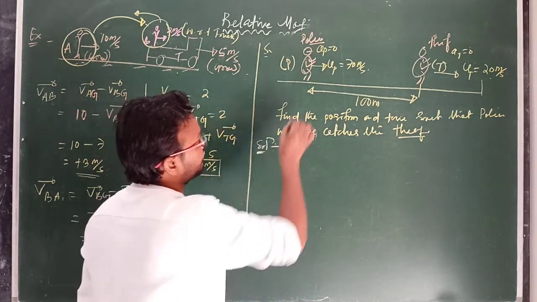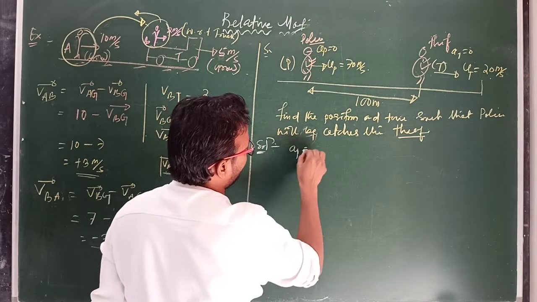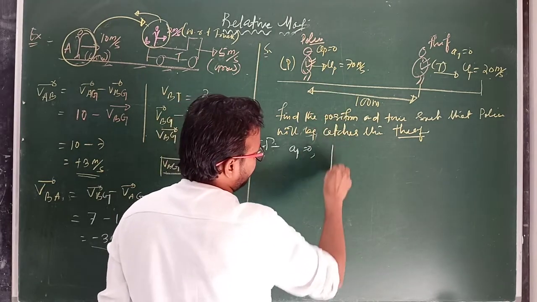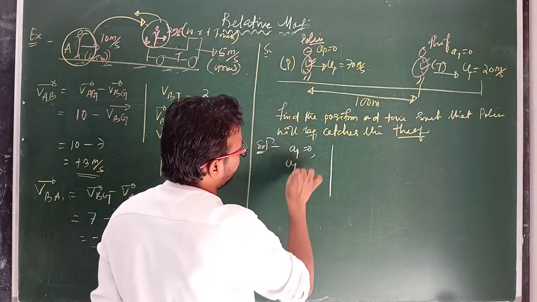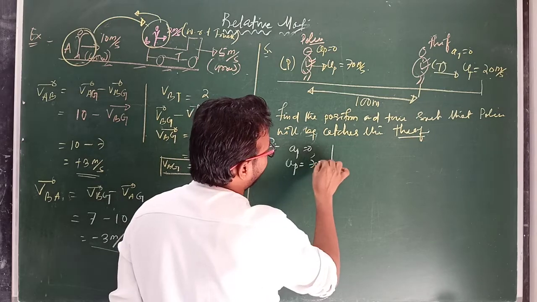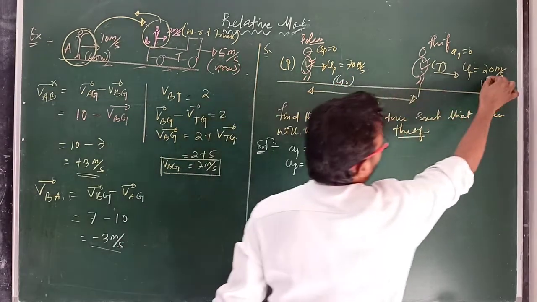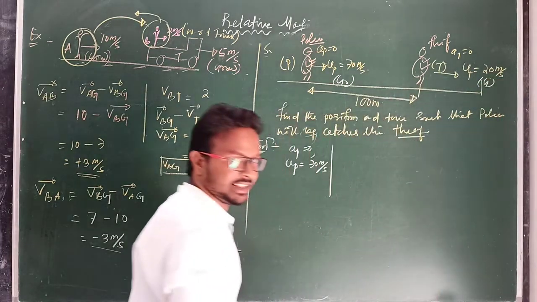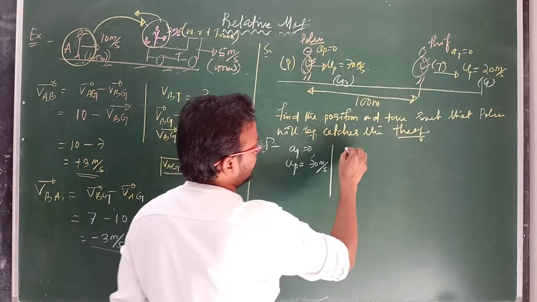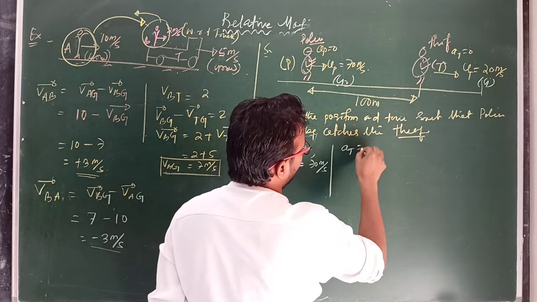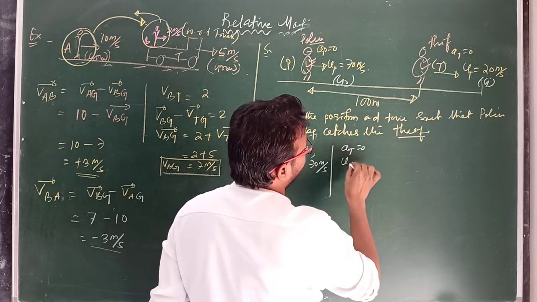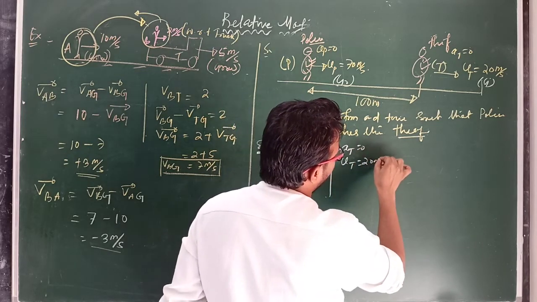So in this case acceleration of police is equal to 0. This is for police speed, and the initial velocity of police is 70 meter per second, with respect to ground frame of reference. Clear? And the acceleration of thief is equal to 0 and initial velocity of thief is 20 meter per second.